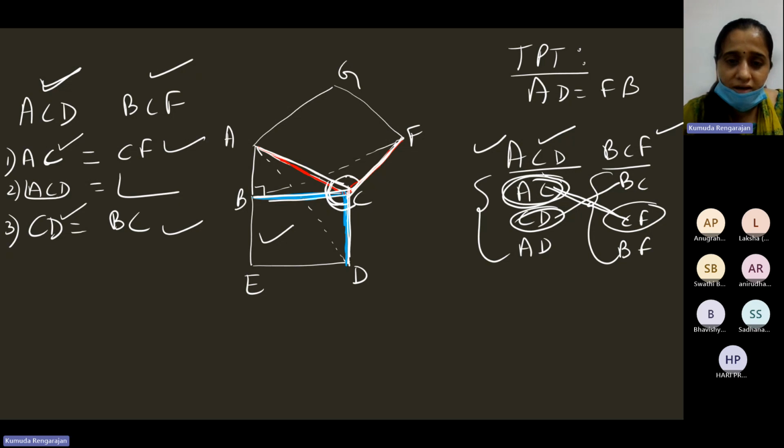So BCF is the included angle. Now they are not equal. It's not given. You'll have to show that they are equal. I have written it, but that's not given, no? I'll tell you how you can show that they are equal.